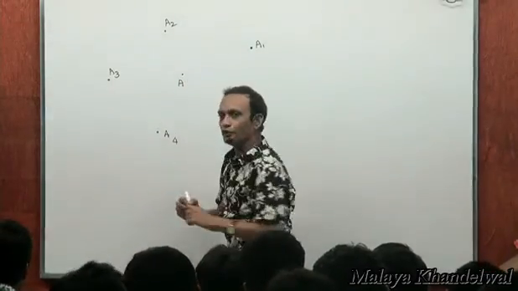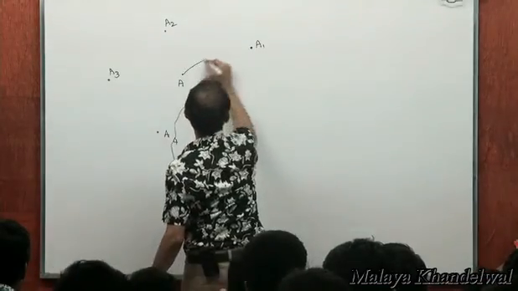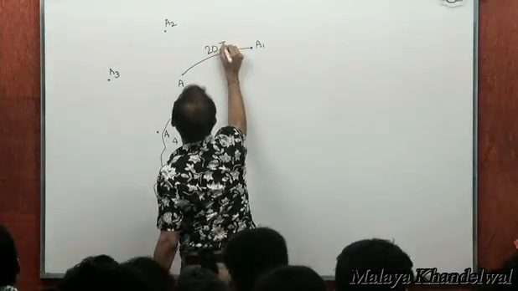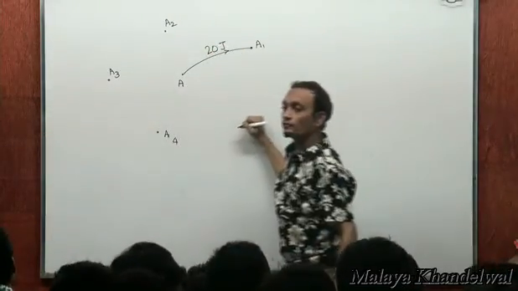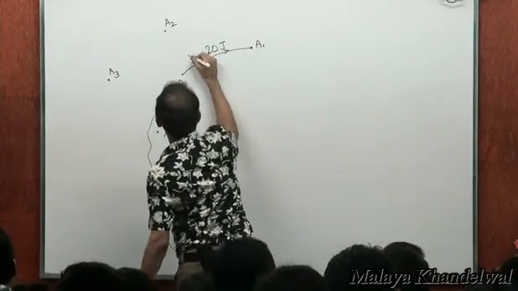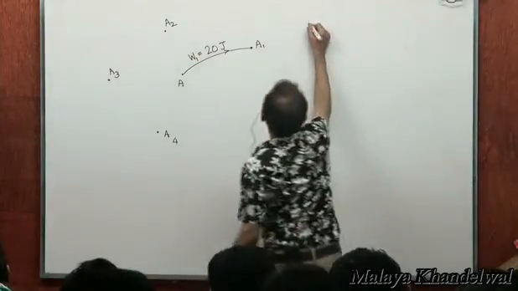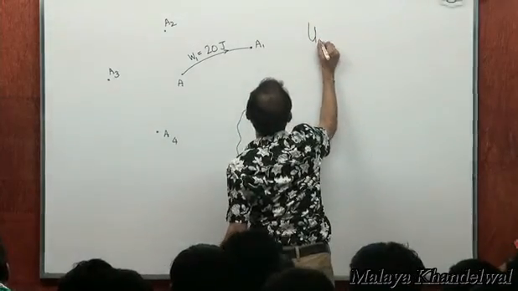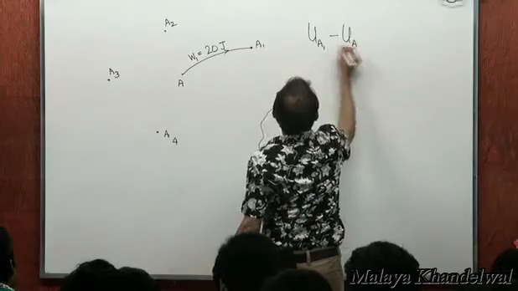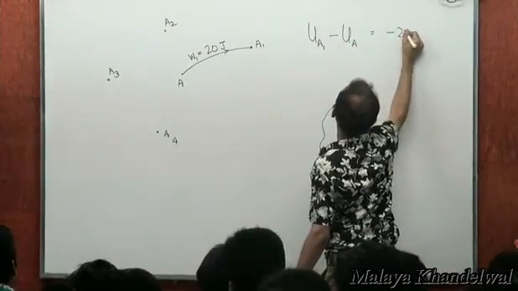Let's say I do a calculation of the work done from A to A1, and let's say 20 joules of work is done by the forces of the field from A to A1. Say W1 is the work done from A to A1. That means if the potential energy at A1 was UA1 and at A was UA, then UA1 minus UA must have been minus 20, right?